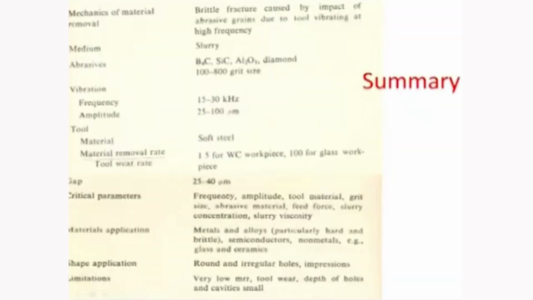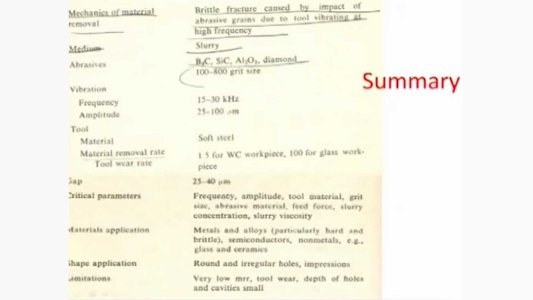So in a nutshell, we would like to summarize the mechanics of material removal for a USM process, which is really brittle fracture, caused by impact of abrasive grains due to the tool vibrating at high frequency. The medium of course is the slurry which removes the material, which contains abrasives. It could be boron carbide, silicon carbide, aluminum oxide, diamond, so on and so forth.